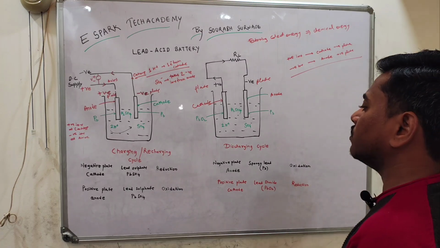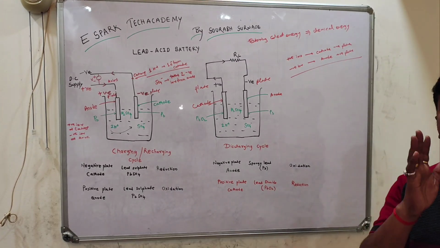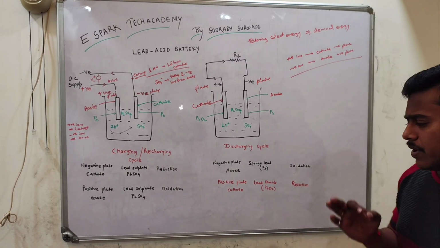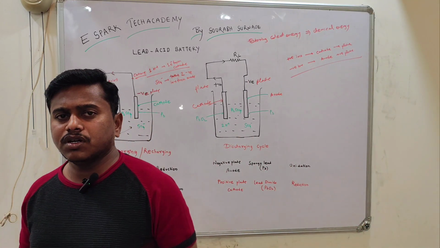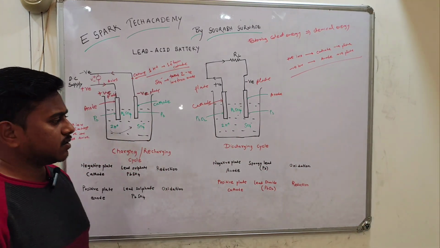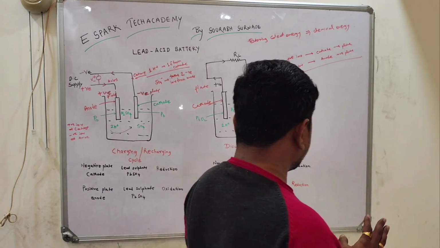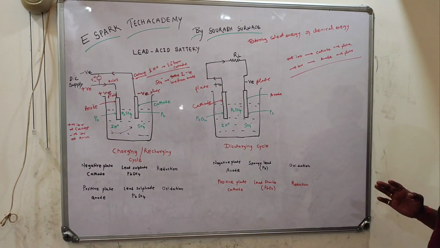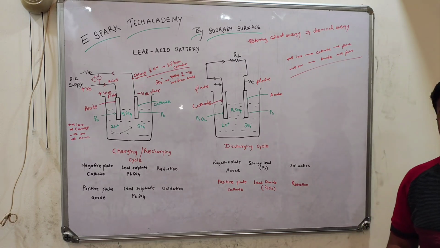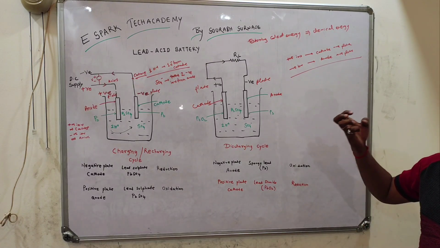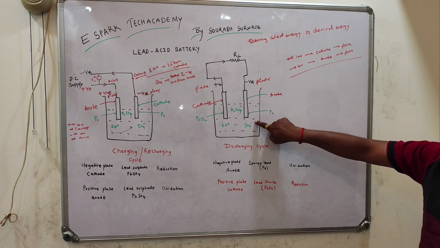The only thing you should take into consideration is that whenever the word anode comes into the picture, you should stick with oxidation. What is oxidation? Oxidation is the formation of oxygen, or reaction with water.